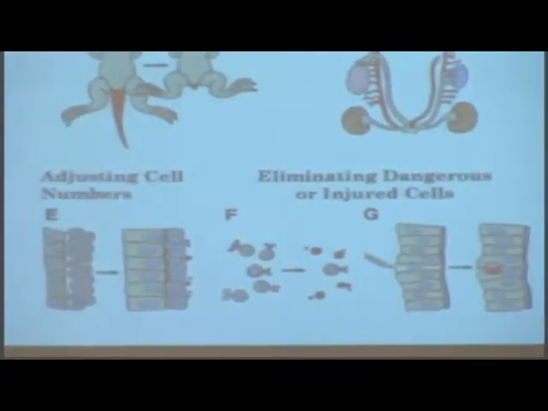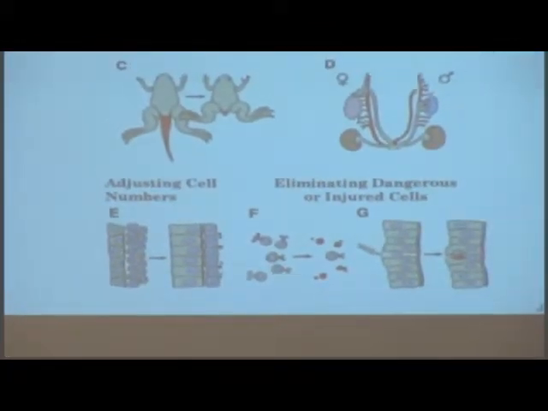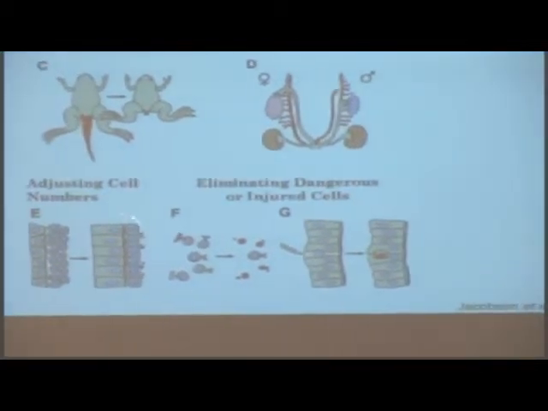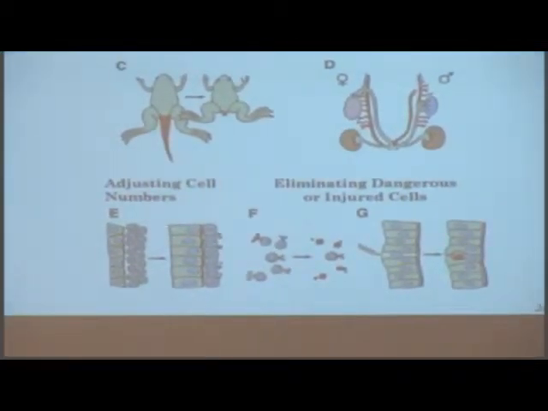Another area where cell death is used during development is to adjust cell numbers. So just the way we happen to be developed is we have an excess number of cells that are produced, and then cell death actually scales back the number of cells that we have. So for example, actually 90% of cells born in the developing brain die, and that allows for the proper connections to be made.